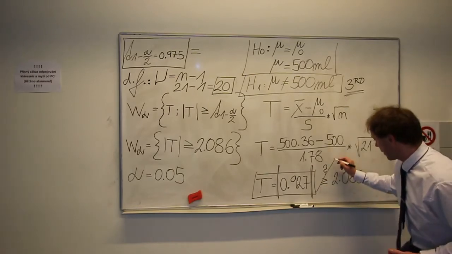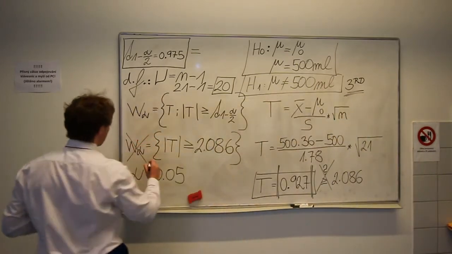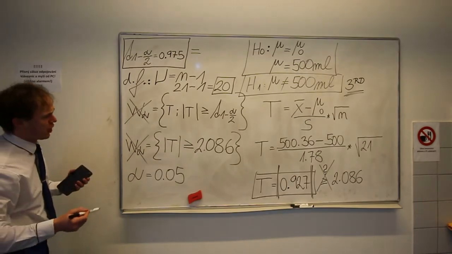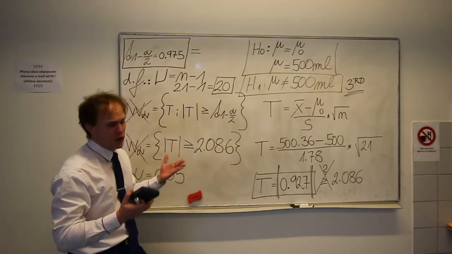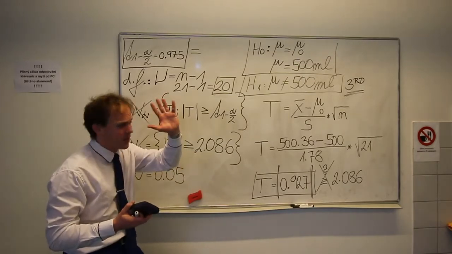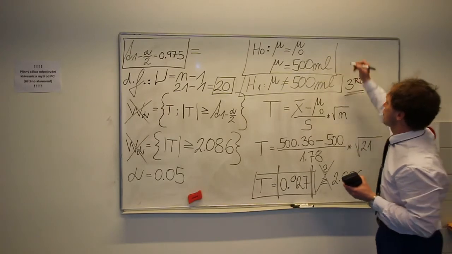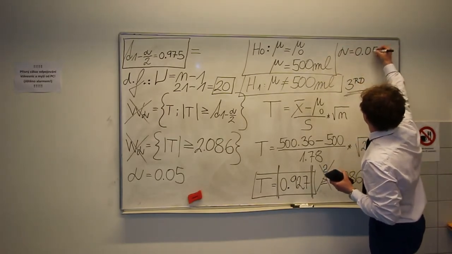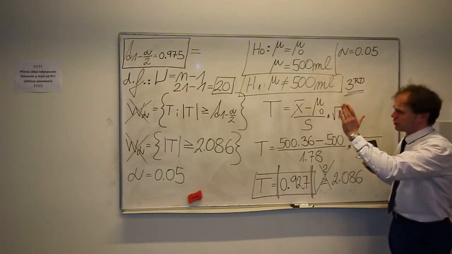No, this is not true. So test statistic is not element of the rejection region. Because the test statistic is not element of the rejection region at the 5% significance level, H0 is not rejected. At the 5% significance level, zero hypothesis is not rejected.